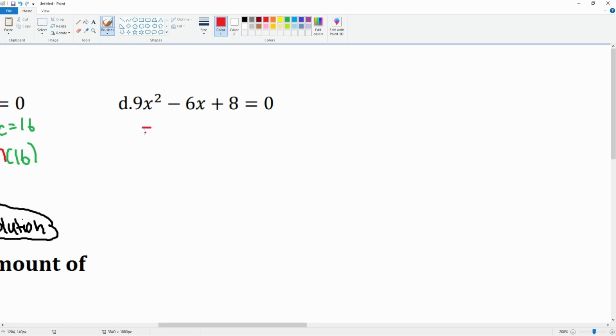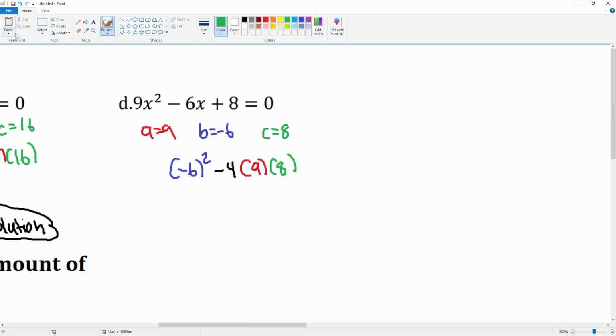And then the last one: a here is 9, b is -6, and c is going to be 8. We plug it into the discriminant formula: -6 squared minus 4 times a times c.